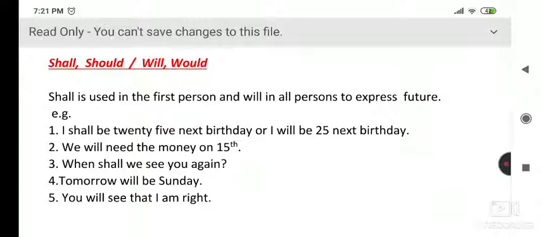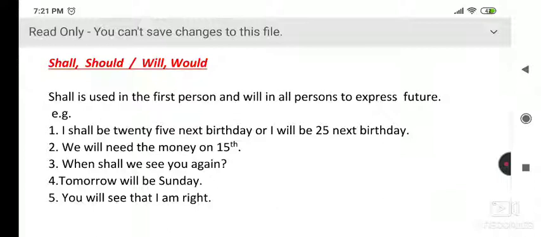We look at it with the help of examples. I shall be 25 next birthday. Here we used shall be to express the future.